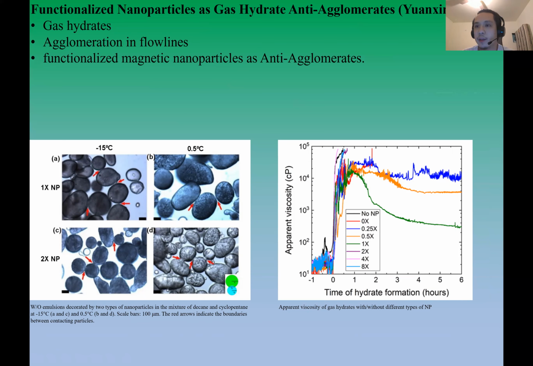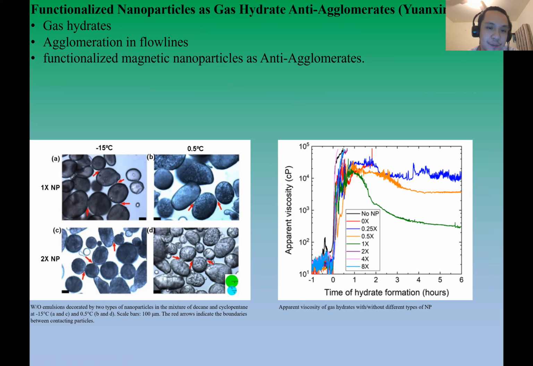However, this is not environmentally friendly and it is expensive. So our group is researching how to apply functionalized magnetic nanoparticles as an anti-agglomerant, so that we can put the particles in and they can prevent hydrate formation. Later on, we can also collect these nanoparticles back, which will lower the economic cost and also bring a more environmentally friendly technology to petroleum engineering.